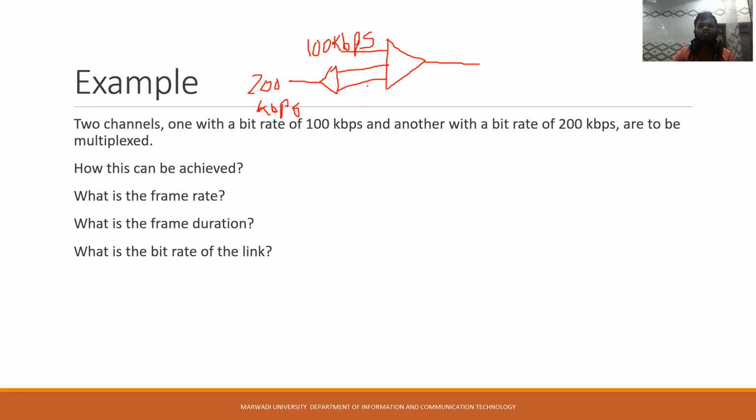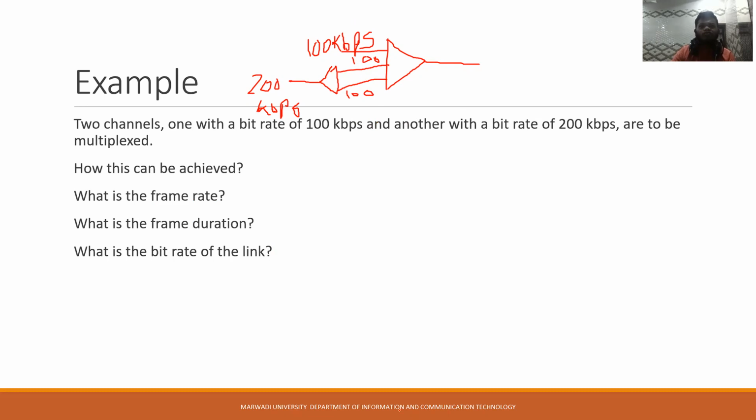So here it would have 100 kbps. So we are now having three equal data rates, so then we can proceed to the output.